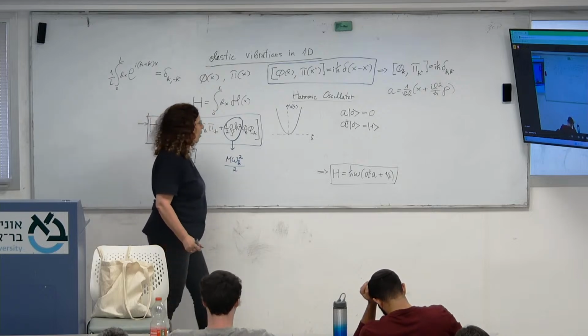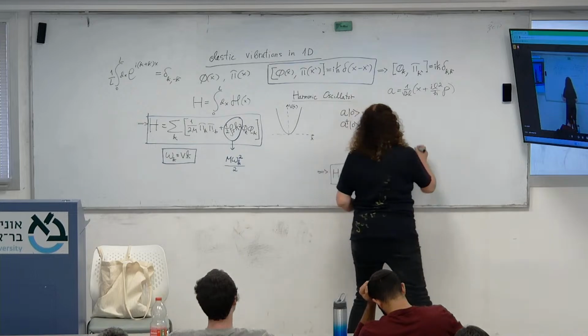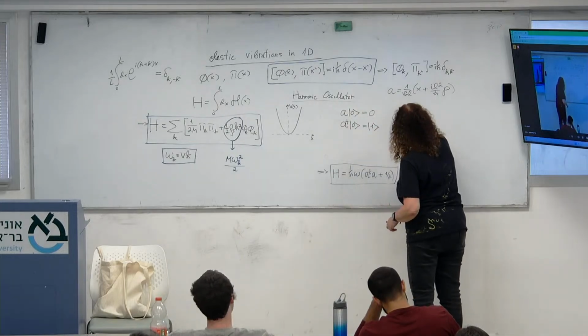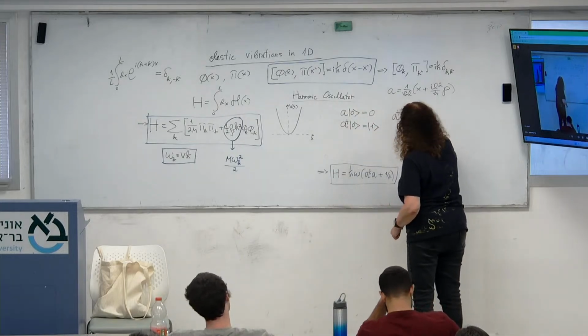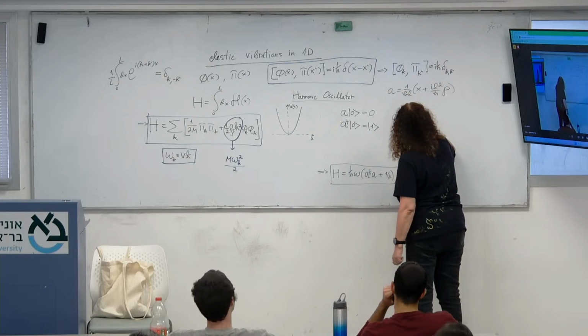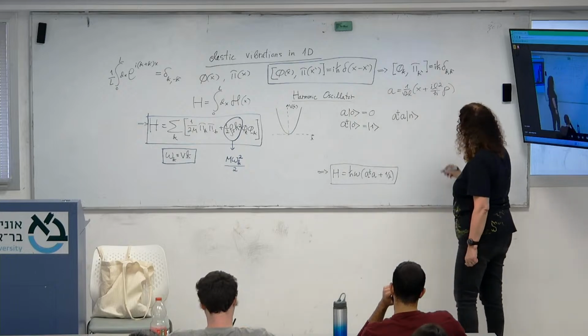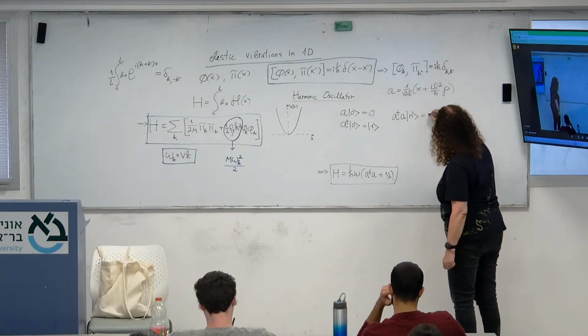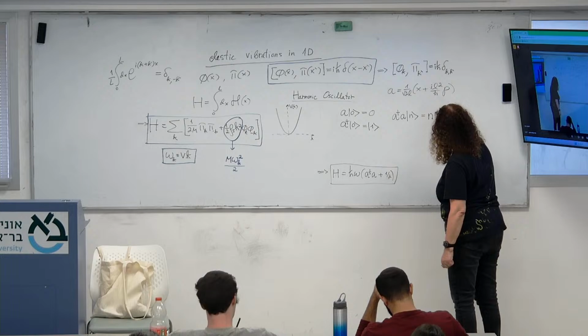Why is that? Because the combination A dagger A acting on the state that I will now call n is a number.